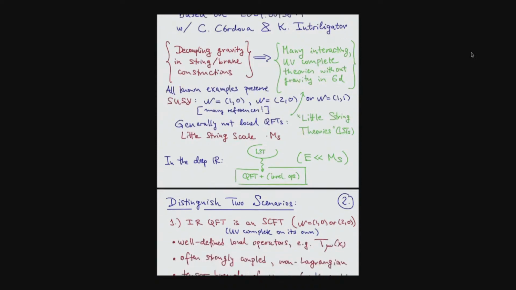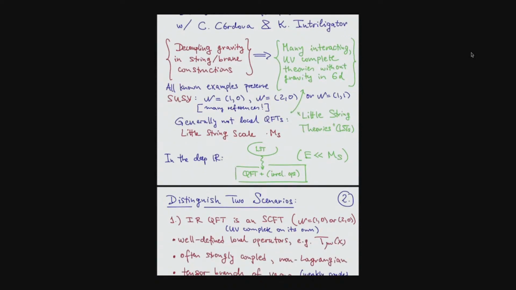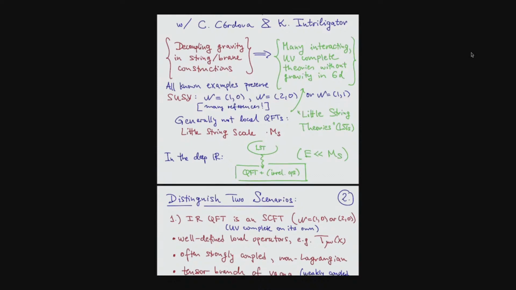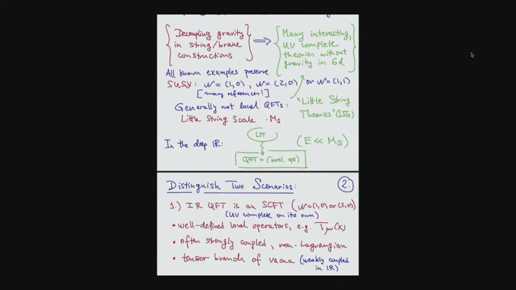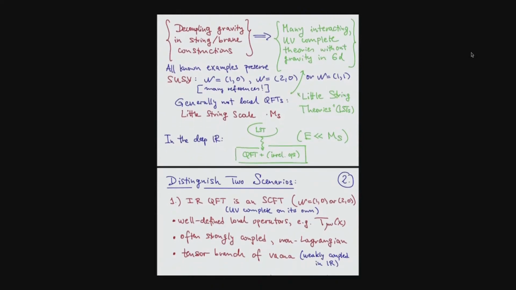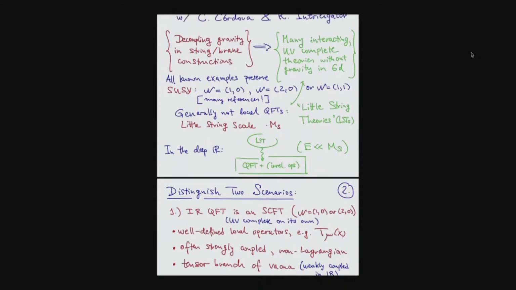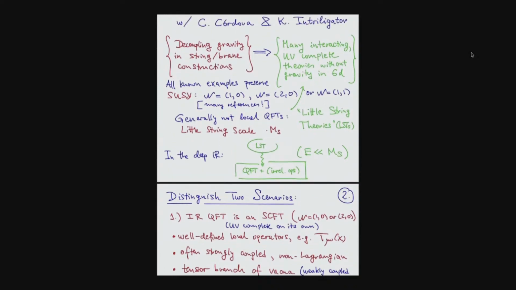And all the known controlled examples preserve some amount of supersymmetry, which comes only in 3 different forms. There's the minimal supersymmetric (1,0) theories, and then there are the (2,0) and (1,1) theories. 6D supersymmetry is chiral, so this refers to the chirality of the 6D spinors. This is a long and famous and beautiful story that I will not review in detail, and I'll also omit many references, so I apologize for that.